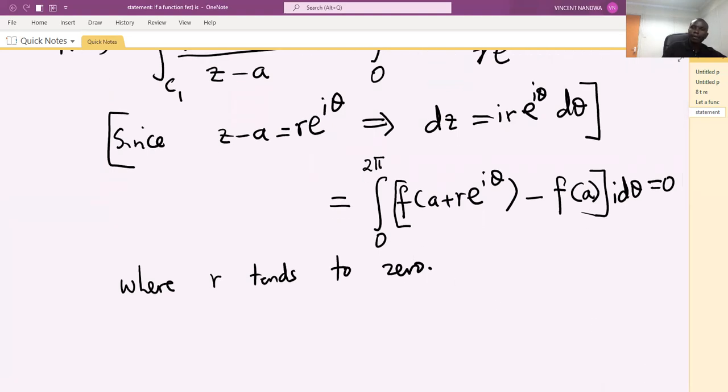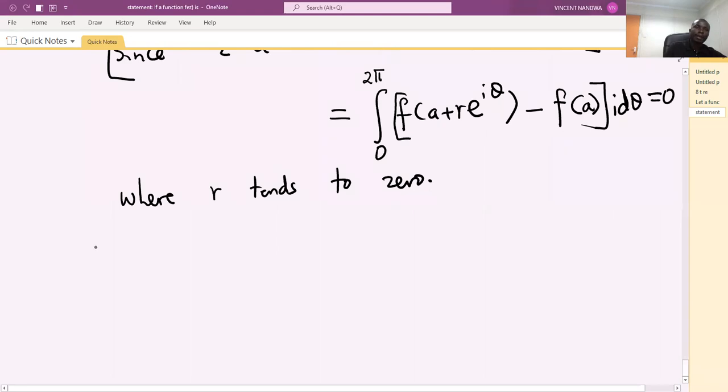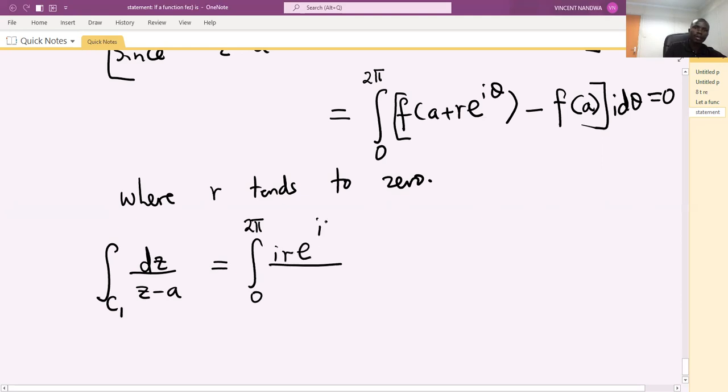So for this other integral along C1 of dz over z minus a, we can write it as the integral from 0 to 2 pi of I r e raised to power I theta d theta over r e raised to power I theta, which is the value of z minus a.